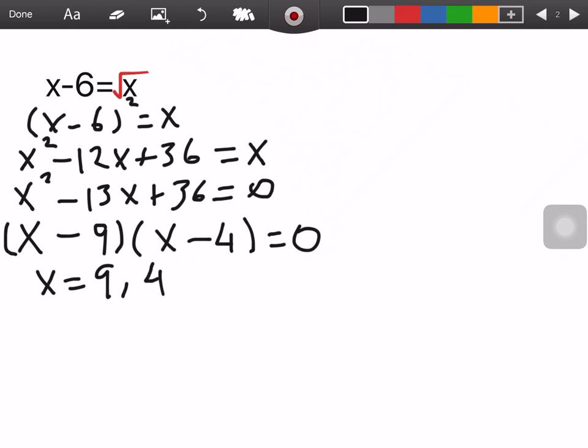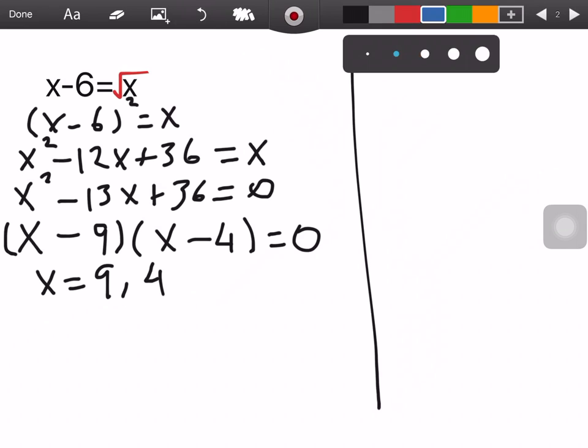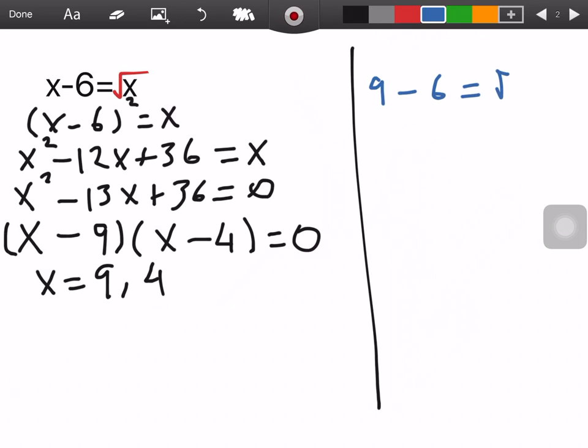Now we take these two solutions and substitute them to find whether or not they're extraneous. Let's begin. We take 9 and substitute it into our equation, this equation over here, which I'll call equation 1. 9 minus 6 and the square root of 9. 9 minus 6 is 3, which is equal to the square root of 9, which is also 3.